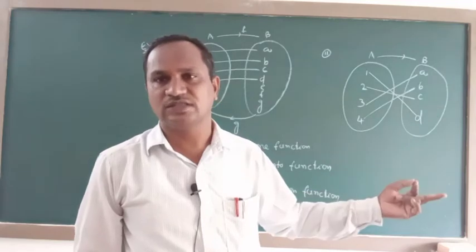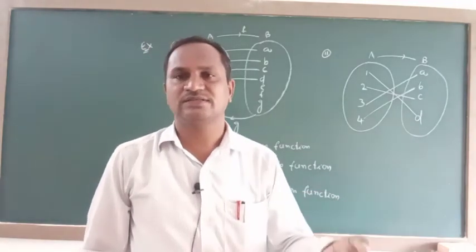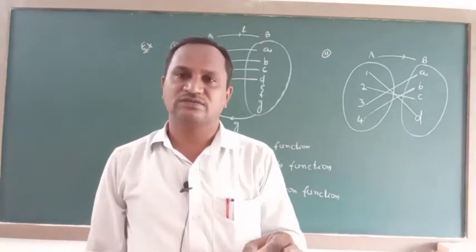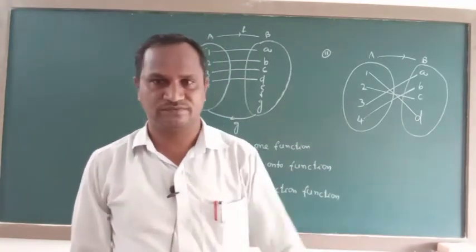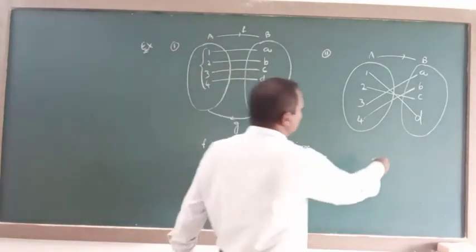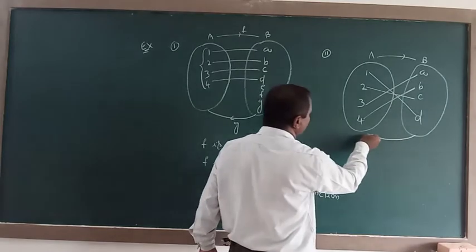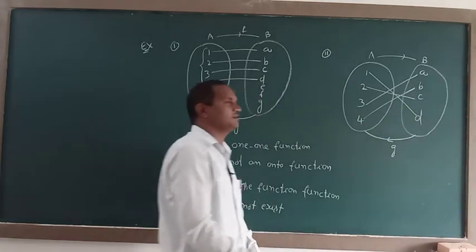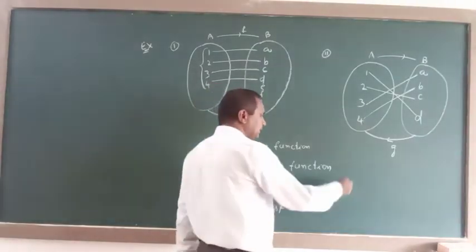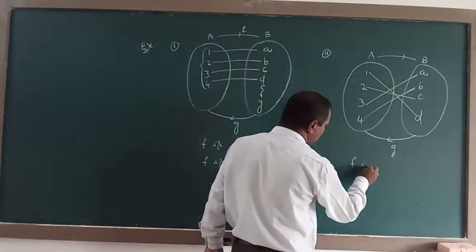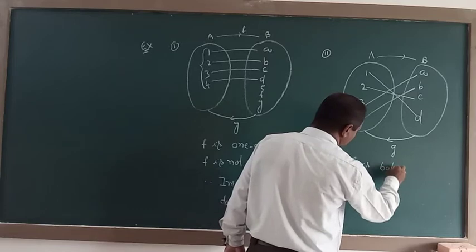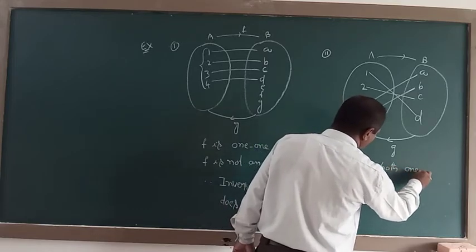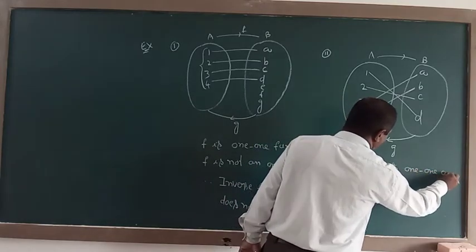When f forms these two, we can tell f is said to be invertible, or inverse function exists for the function f. That's why B to A also becomes a function. Thus, f is both 1-1 and onto.